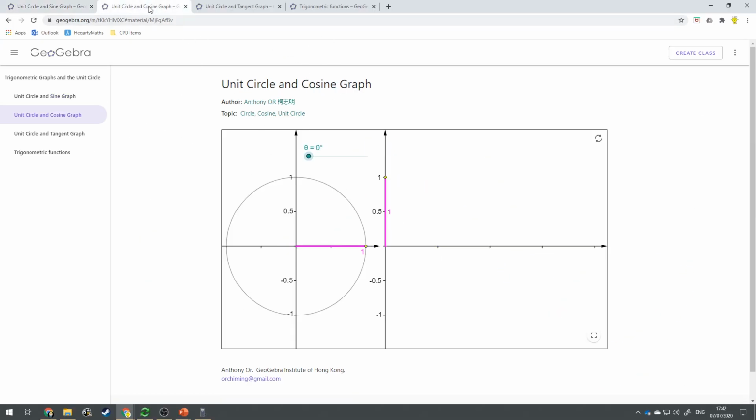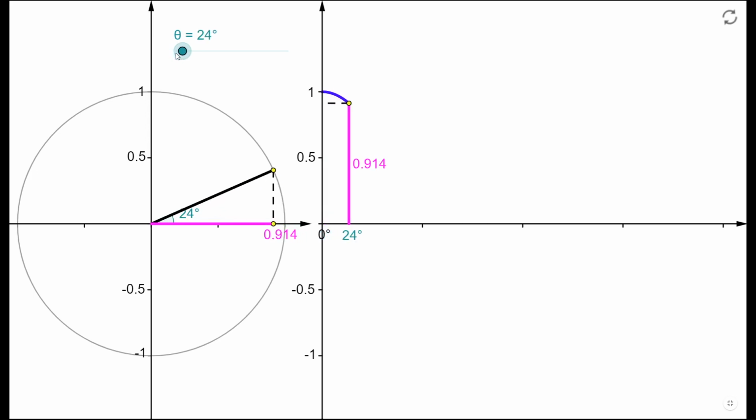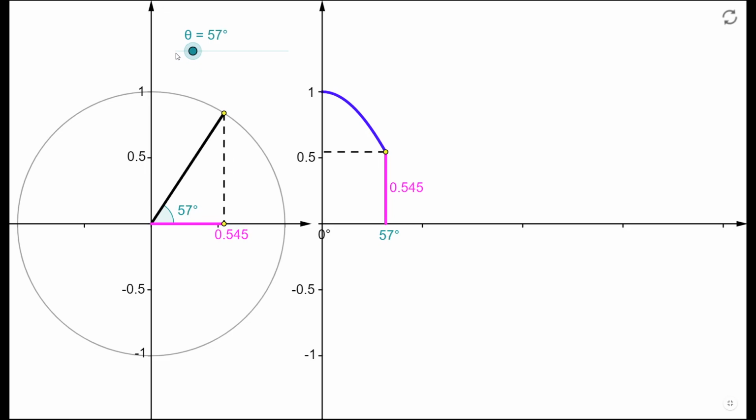We also have the cosine graph. Now, the cosine graph doesn't measure how far up we go on our y-axis, because the cosine graph looks at the adjacent side compared to the hypotenuse. So in this case, it's the kind of pinky purple line. Okay?